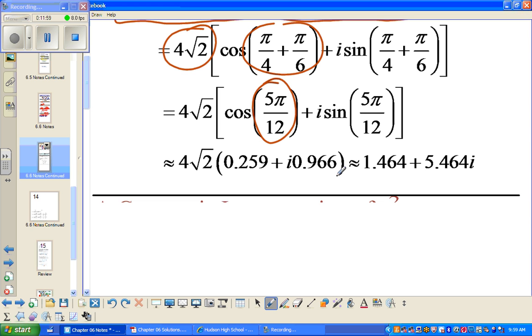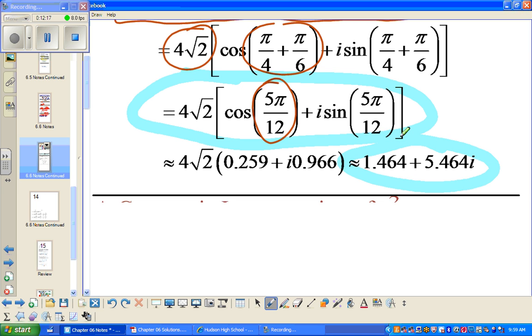But other than that, you can't go much farther. So what I expect of you is, I want to see this step right here where you simplified the angles and the r value, and I also would like to see this step right here. What is that approximate complex number, also in the form a plus bi?